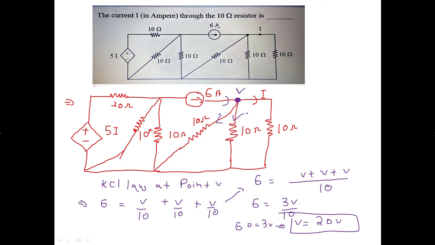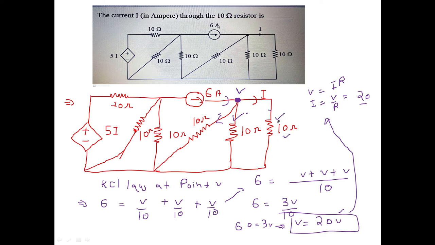Now we'll see how the current is to be determined. The voltage at V is 20 volt, and we have to find the current through the 10 ohm resistor. We know that V is equal to IR, so I is equal to V by R, that is Ohm's law. V we have computed as 20 volt, and R is given as 10 ohm, because we have to find the current across this particular branch.